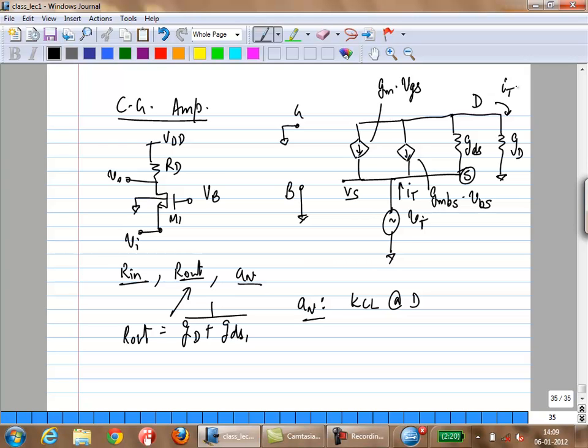Remember that IT is equal to the sum of these three currents, but that is also equal to V0 times GD.